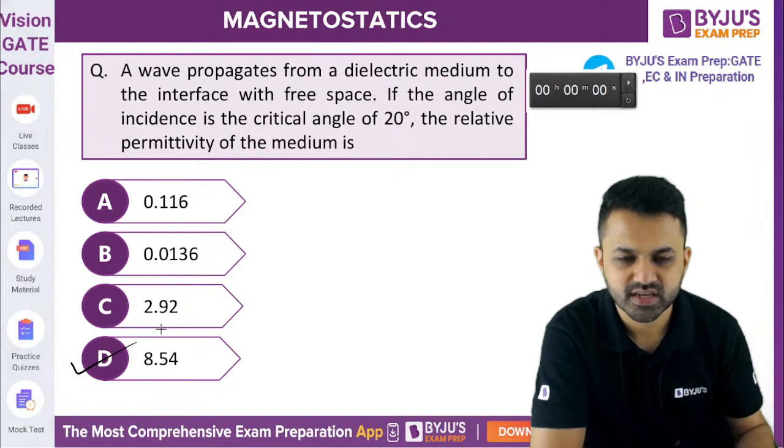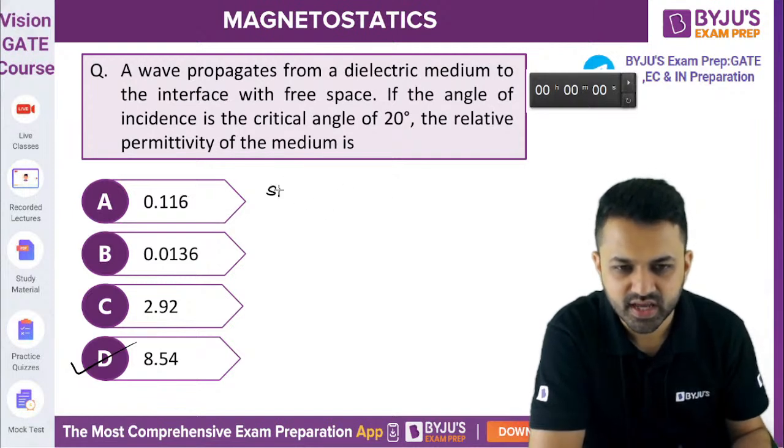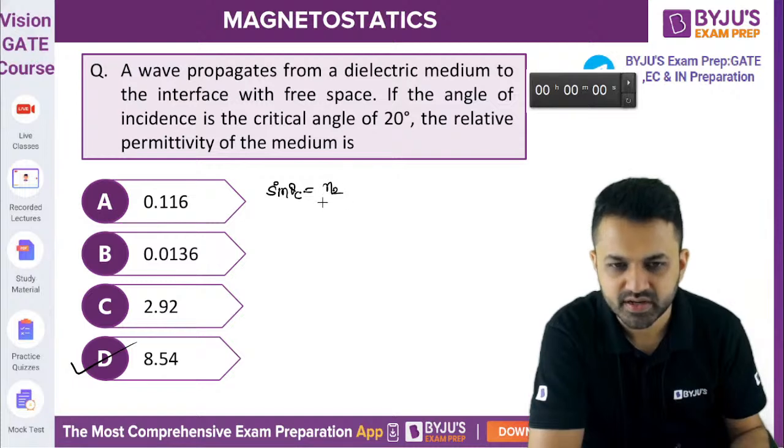Okay, so what is the critical angle? Sine theta C is equal to the second medium refractive index divided by the first medium refractive index. Okay, this is the formula. And what is the refractive index?